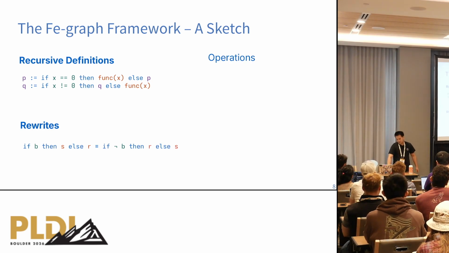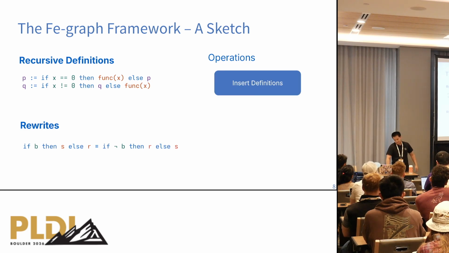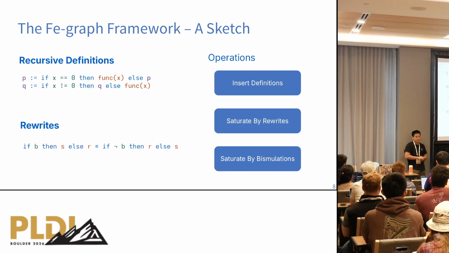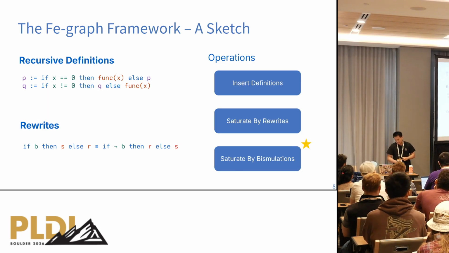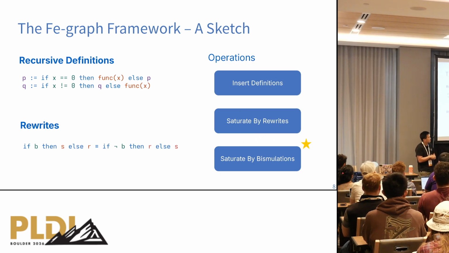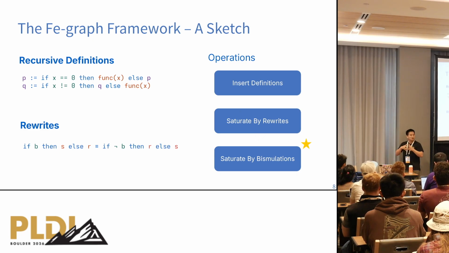And the operations on these are inserting definitions, saturate by rewrites, and also saturate by bisimulation. And clearly, saturate by bisimulation is the most interesting part, and I will try to demonstrate how this operation works.